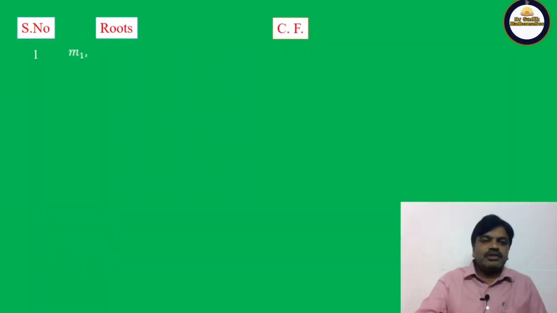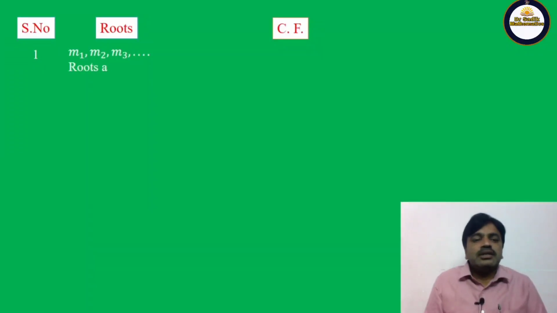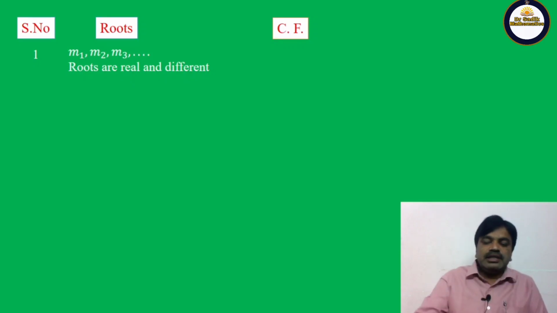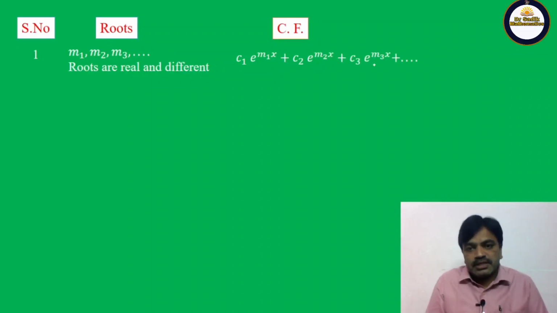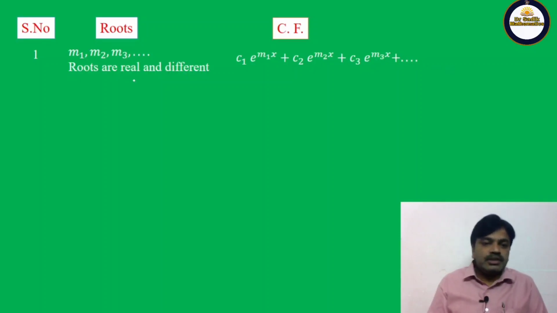First one, if the roots are real and different, say m1, m2, m3 are real and different, then its complementary function is c1 e power m1x plus c2 e power m2x plus c3 e power m3x plus and so on.